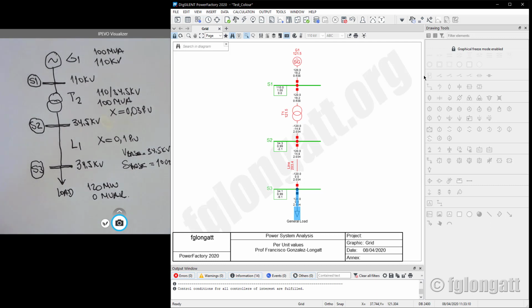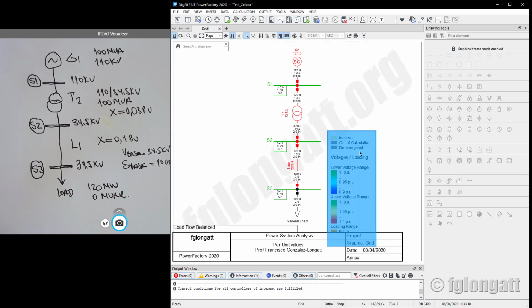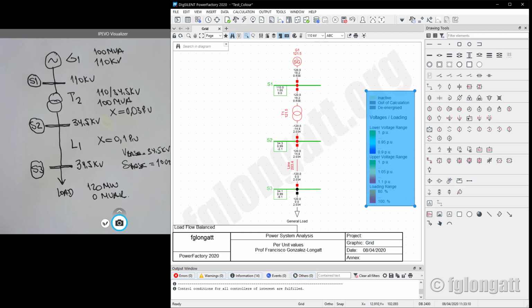Please don't be alarmed, be careful with the terminology. The red color is coming on branch elements because we are having some overload conditions. If you present here, let me show the legend. Here we have, and let me move the legend for a second.